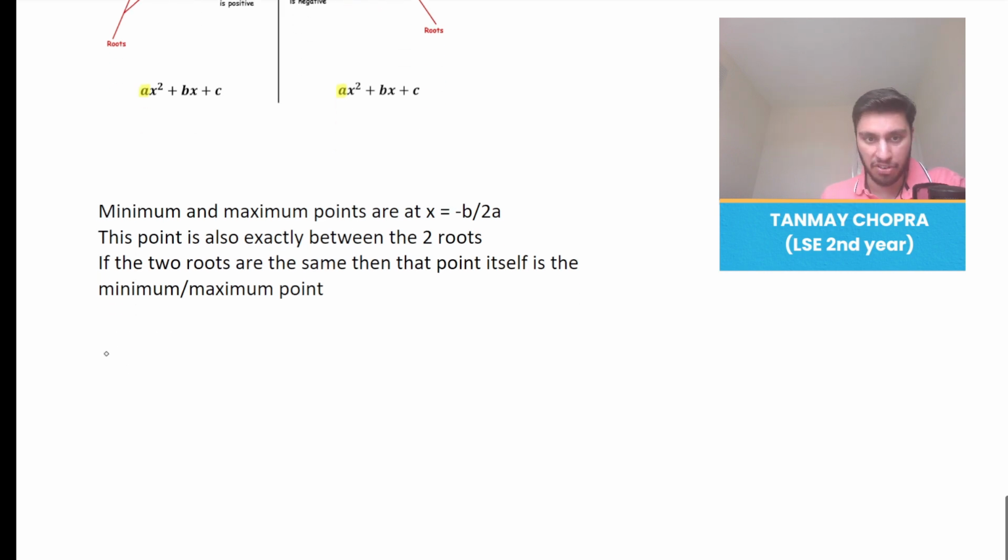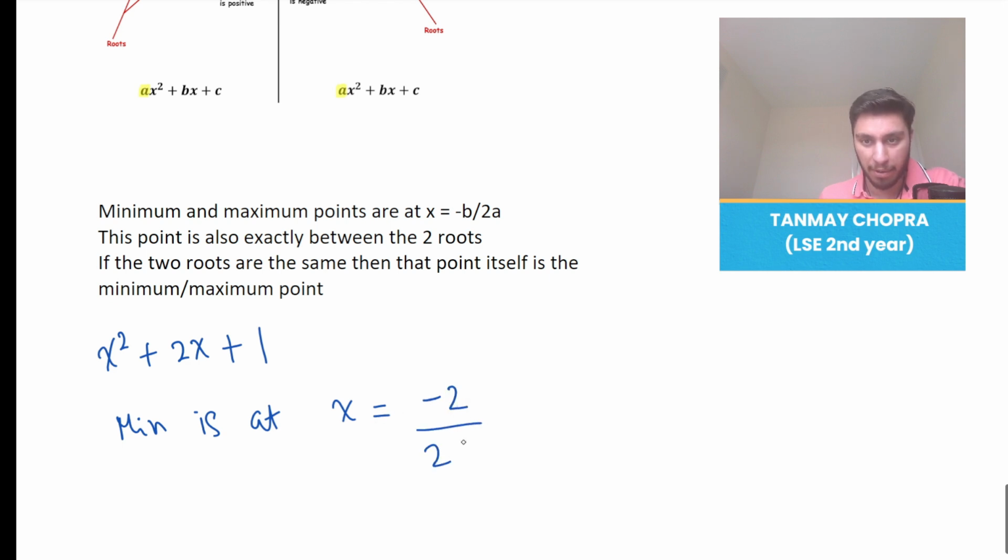If I have the expression x squared plus 2x plus 1, the minimum is at x equals negative b over 2a, which is negative 2 over 2 times 1, because a is 1, and this is the same as negative 1.